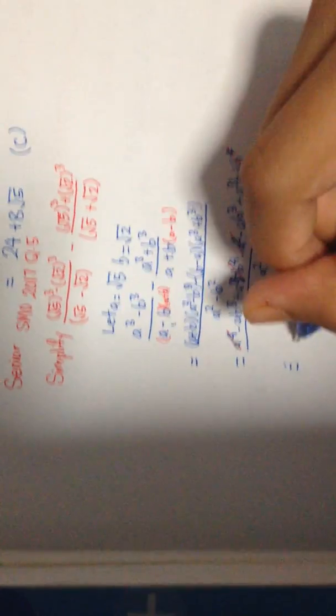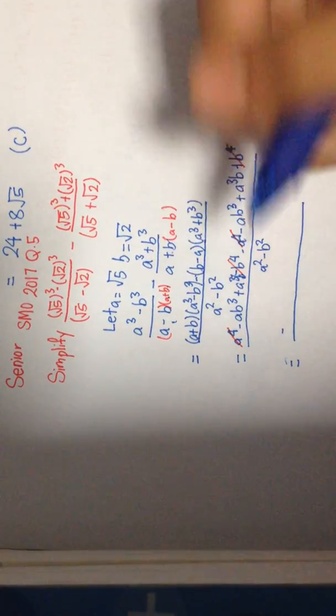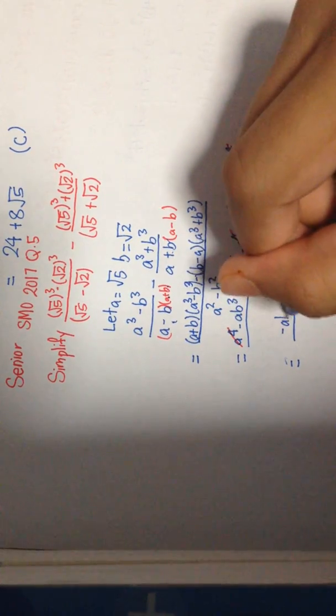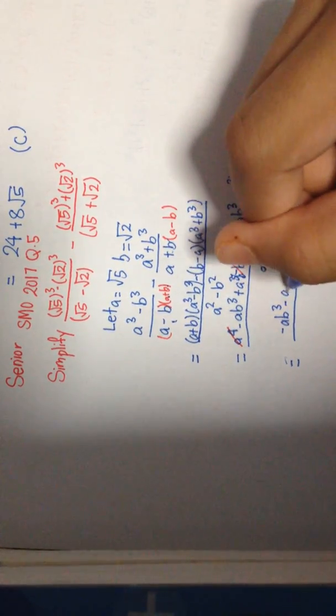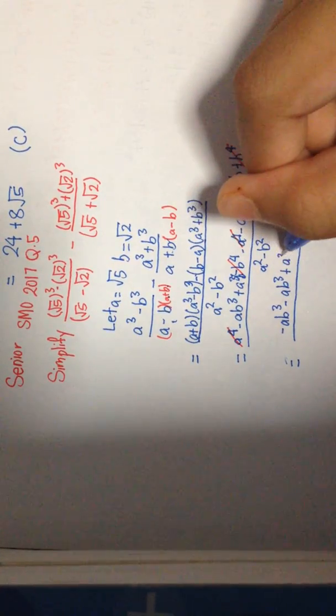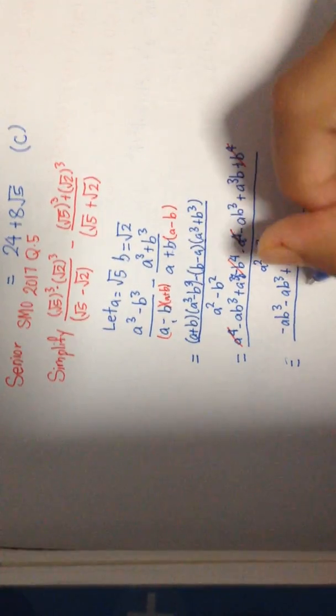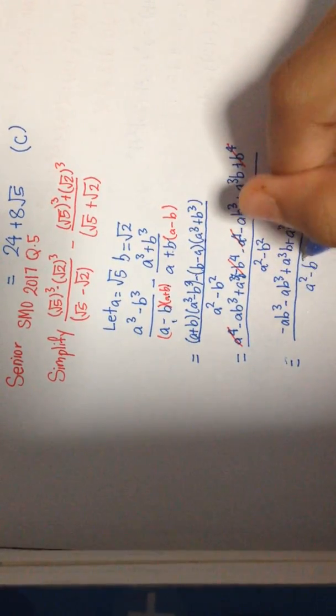Now, I am now left with negative ab minus ab cubed plus a cubed b plus a cubed b over a square minus b square.